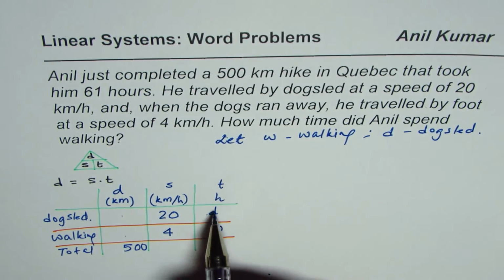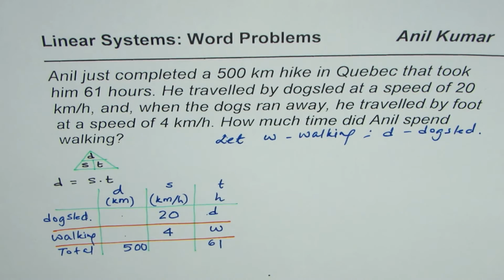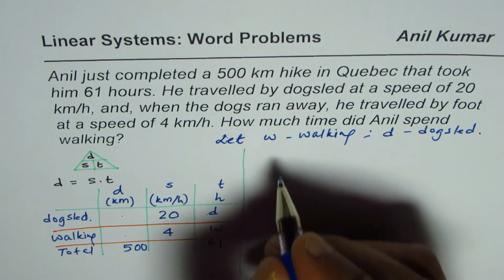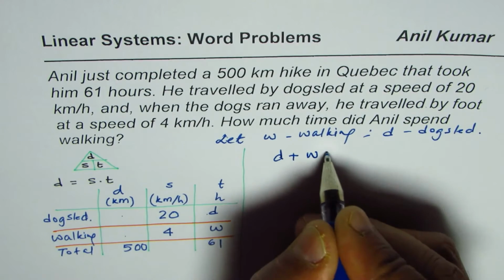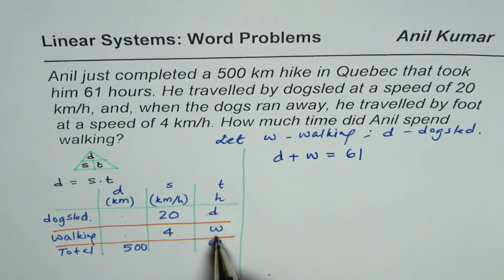From here you can get an equation: D plus W equals 61.